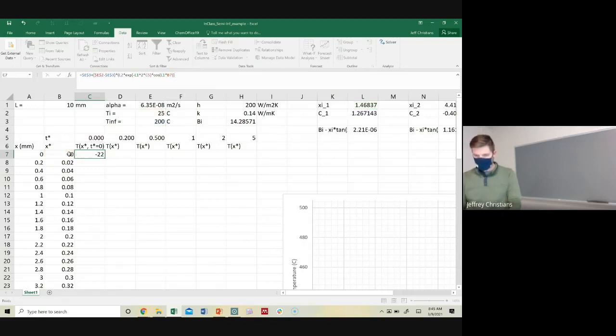Okay, so it gets to be a little bit ugly. I'm going to put dollar signs on all of these that need them. And our time variable, position, I want to lock the column, but not the number. Time, I want to lock the number, but not the column. I think that's all good.